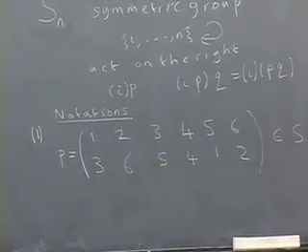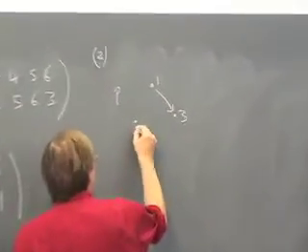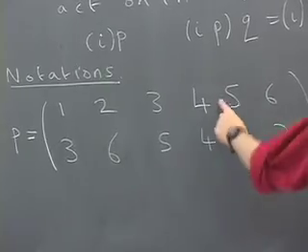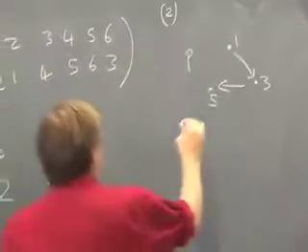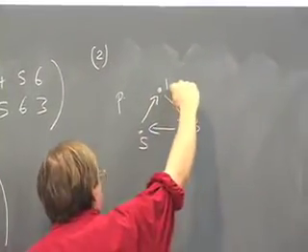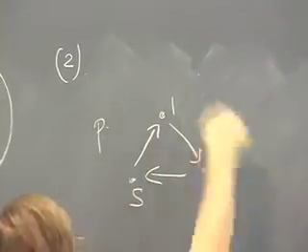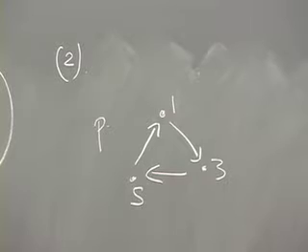Sorry, I'm doing the wrong one. 3 goes to 5 under P. And 5 goes back to 1. So if you keep applying P, 1 goes to 3 goes to 5 goes to 1. It's just going to cycle around these 3 points.